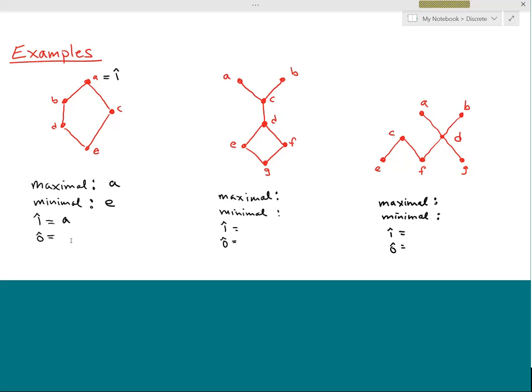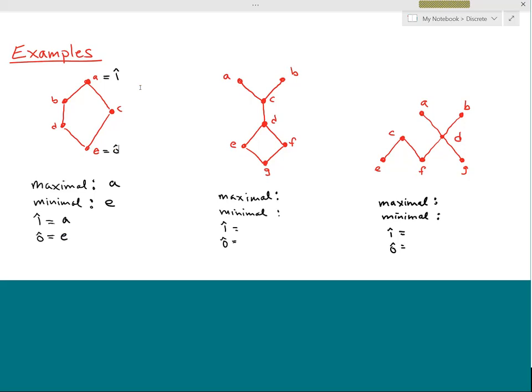Any guesses? Yep, it would be E again. So right here, this would be our minimal element. If you prefer, think about it as the lowest element in your Hasse diagram. Your greatest element is your highest element in your Hasse diagram. Now, as soon as I say that, that's actually going to give you a bad idea in terms of finding your greatest and your least element, which is why I was trying hard not to say it.